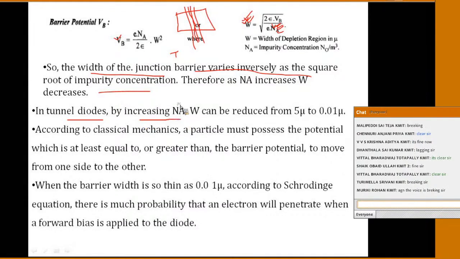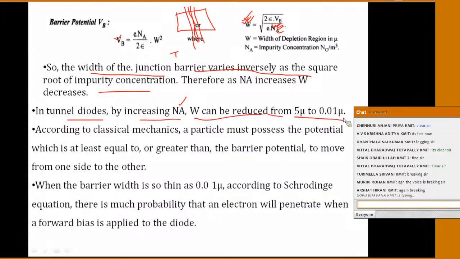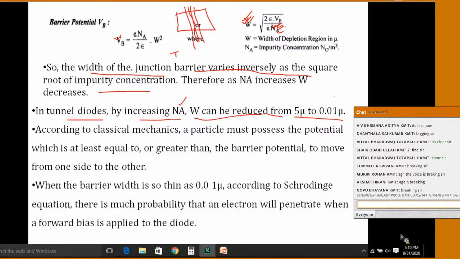In tunnel diodes, by increasing the impurity concentration Na, the width can be reduced to about 0.001 micron. That is very, very narrow. This is the width of the junction in the tunnel diode.